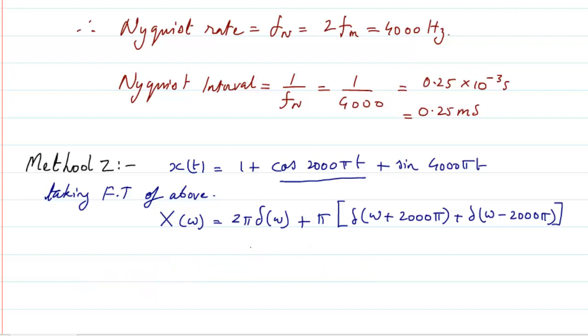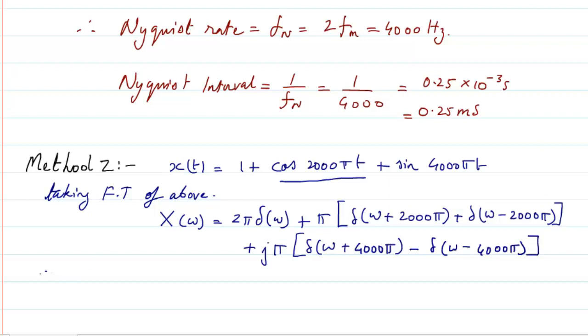For sine, it will come as plus j pi in bracket delta omega plus 4000 pi minus delta omega minus 4000 pi.